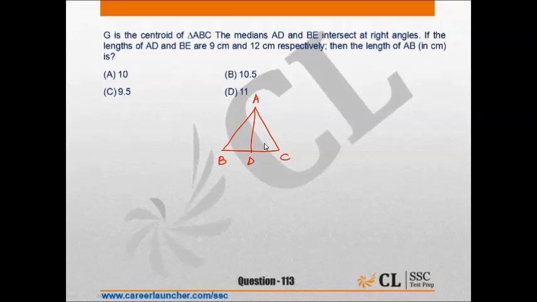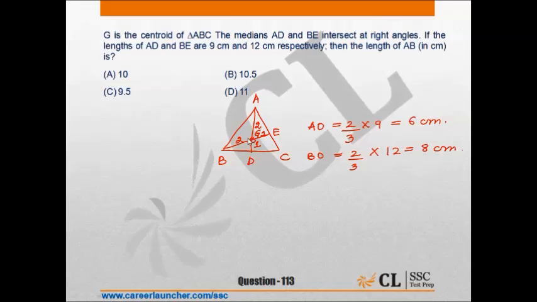AD is the median, BE is the median, and both the medians are intersecting at a point centroid, that is G. Now, we all know that the centroid divides the median in the ratio of 2:1. So, if AD is 9 cm, then AG would be 2 by 3 of 9 cm, that is equals to 6 cm, and BG would be equal to 2 by 3 of 12 cm, that is equals to 8 cm.